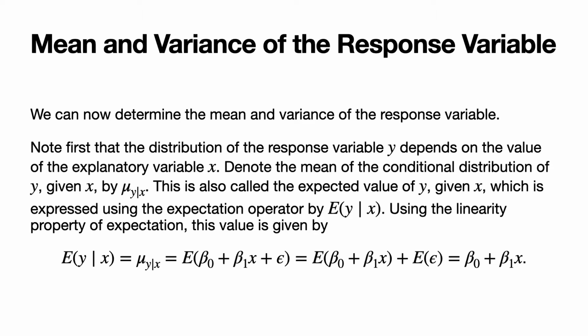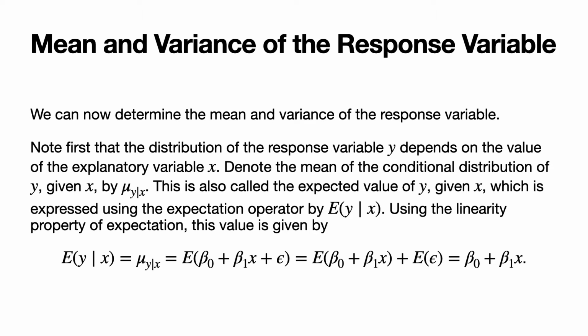denoted as mu sub y given x, is equal to the expected value of the quantity beta 0 plus beta 1 times x plus epsilon. And that is equal to, using the linearity property of expectation, the expected value of beta 0 plus beta 1 times x plus the expected value of epsilon.